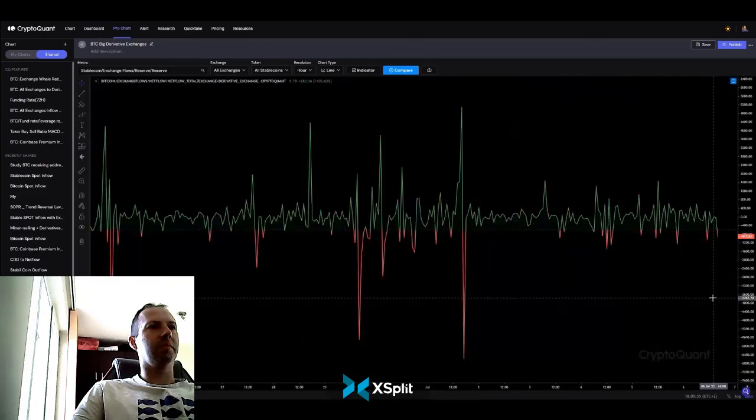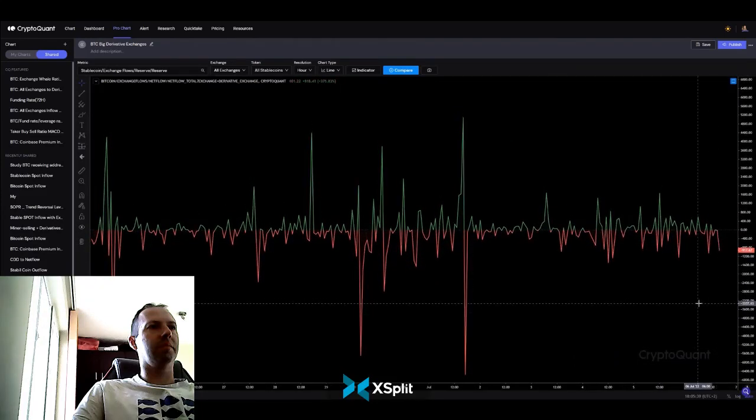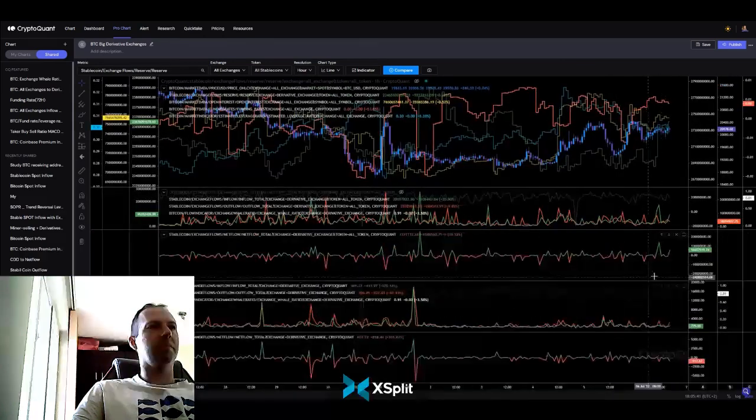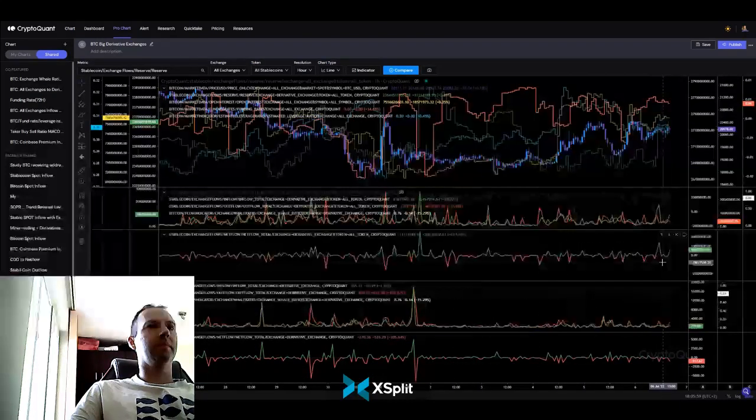If we take a look here, we received 170 million in stablecoins to derivative exchanges, so almost 300 millions in 2 hours, and within the last hour almost 100 million. But compared to the last few weeks, not a big deal.